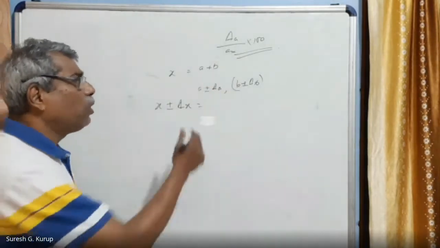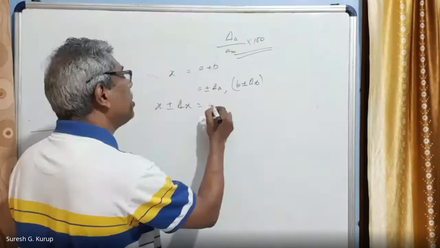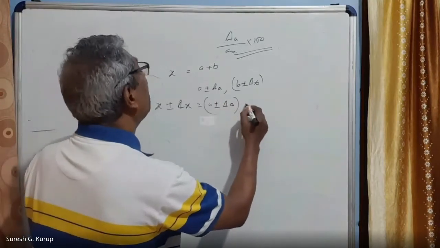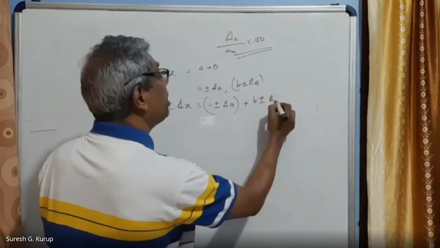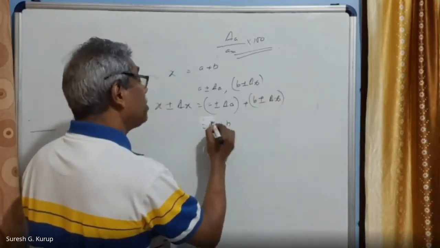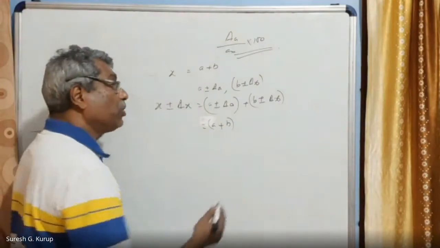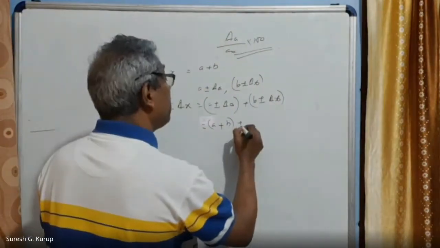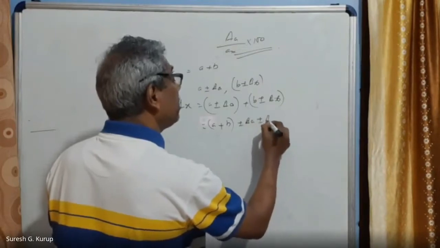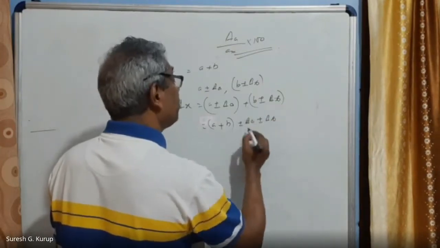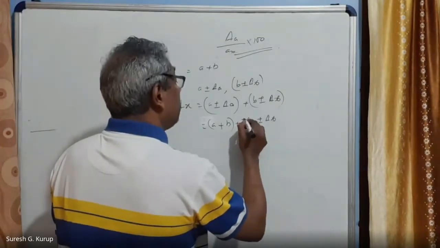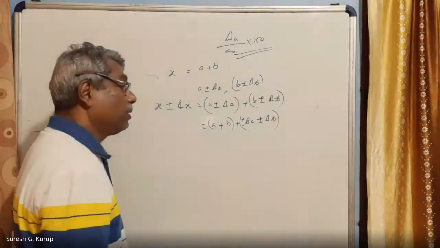In this case, whenever these are added, we have A plus or minus delta A plus B plus or minus delta B. This is equal to A plus B, again plus or minus delta A plus or minus delta B. We can write it this way also.